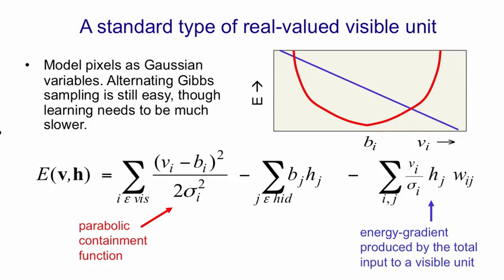And when you add together that top-down contribution to the energy, that's linear, and the parabolic containment function, you'll get a parabolic function, but with the mean shifted away from b_i, and how much it's shifted depends on the slope of that blue line. So the effect of the hidden units is just to push the mean to one side.